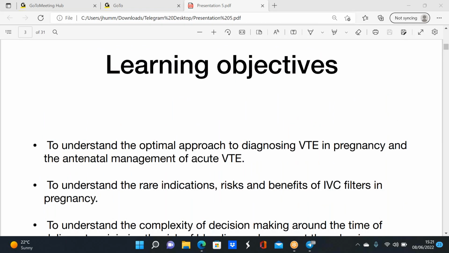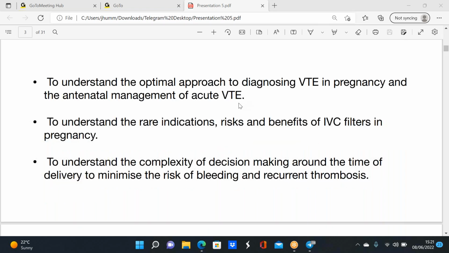Okay. So what we are going to cover here is, first, we need to understand the approach to diagnose VTE in pregnancy, and also how to manage acute VTE in pregnancy.